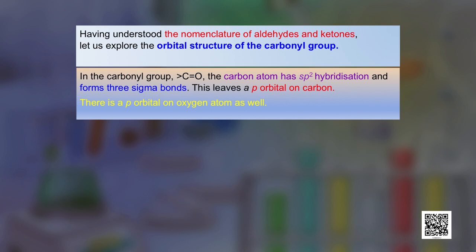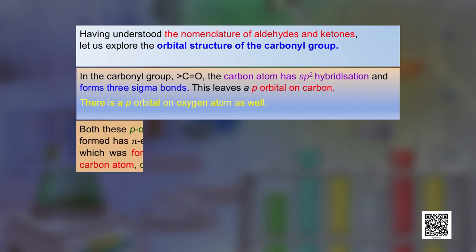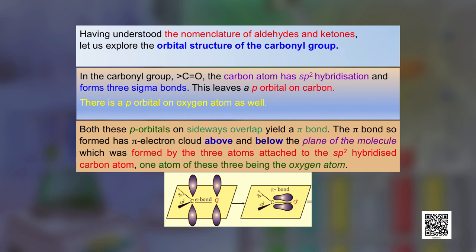And you know that the carbonyl group, that is C double bonded to an oxygen atom, has sp2 hybridization and it forms 3 sigma bonds. This leaves a p orbital on the carbon atom, and similarly there is a p orbital on the oxygen atom as well. You can see this in the structure here.